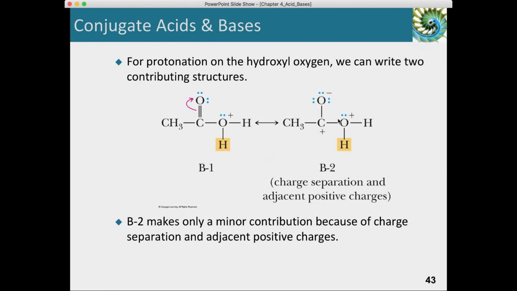Two like charges, positive, adjacent to one another. Obviously, this is something that will make this structure a very minor contributor. Remember, you cannot even think about moving these electrons over here because that will create an oxygen 2+, much less likely.